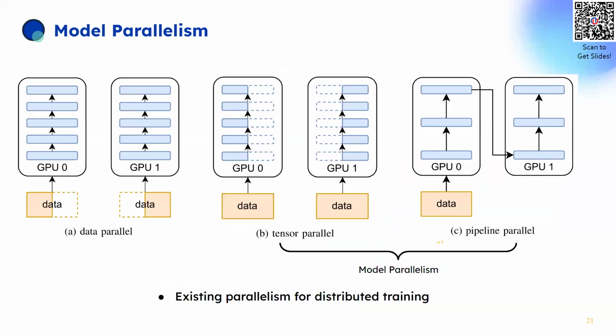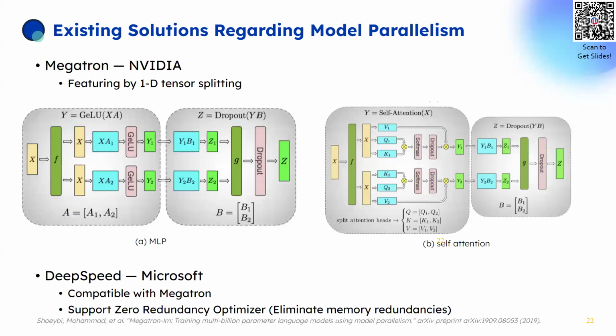But for model parallelism, we want to partition the model, partition within the layer and partition across different layers. That's the idea of model parallelism. Let me first talk about Megatron, introduced by NVIDIA.